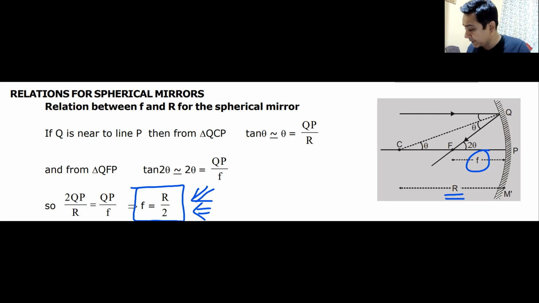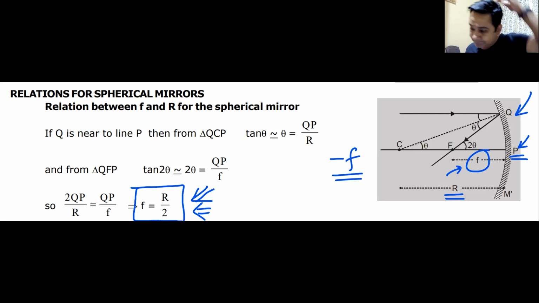Now remember one thing, you have to understand this. What type of mirror is this? Concave. All distances are measured from the pole P of the mirror. Now remember the sign convention. The focal length of this mirror would be negative. Why is it negative, sir?